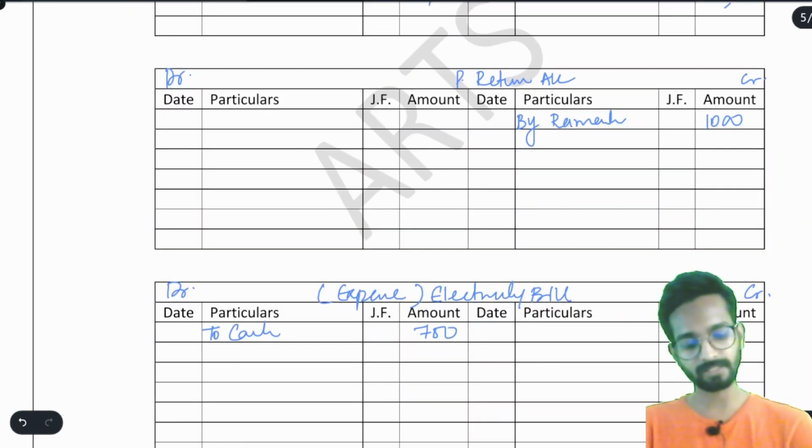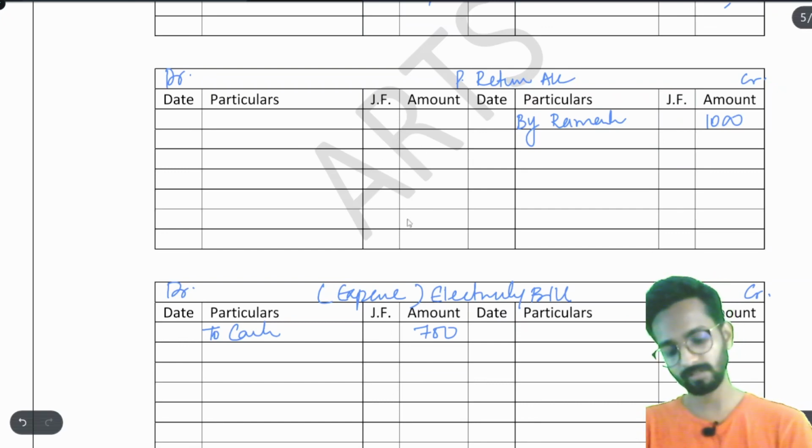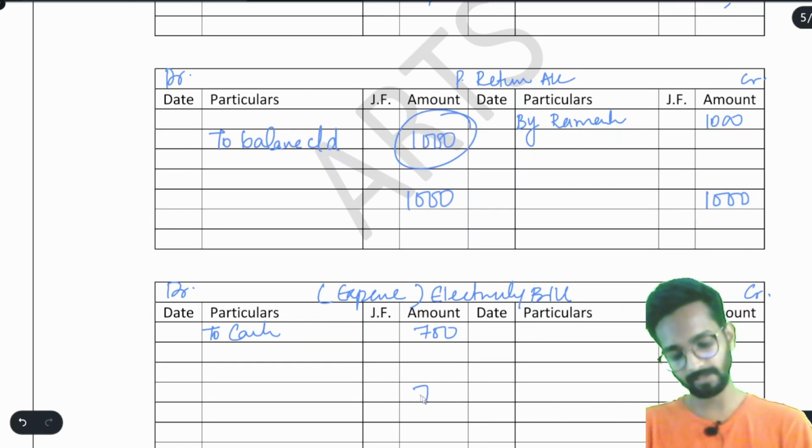Now after that, purchase return and electricity bill. Okay. Now purchase return how much? 1,000 rupees. So 1,000, 1,000, to balance carried down 1,000 rupees, and here 700, 700 by balance carried down 700.